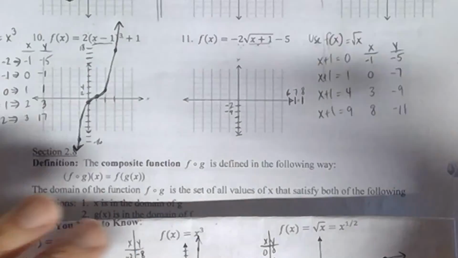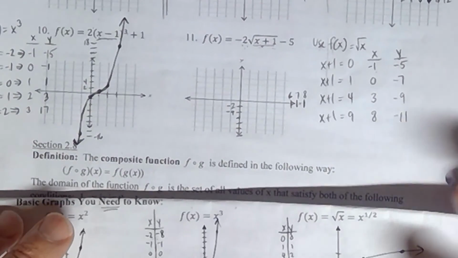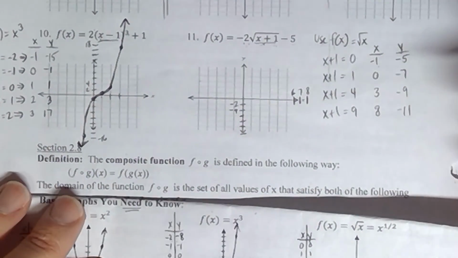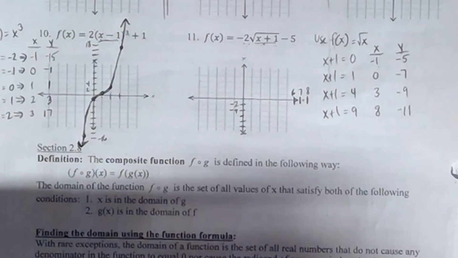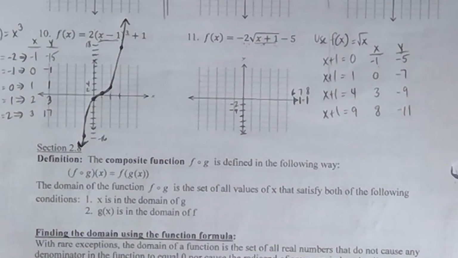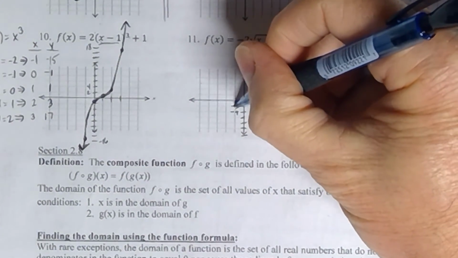Let's plot those 4 points. What do we get? Negative 1, comma, negative 5 is going to be what here? Hold on just a second, you guys. Okay. So that's going to be right here.